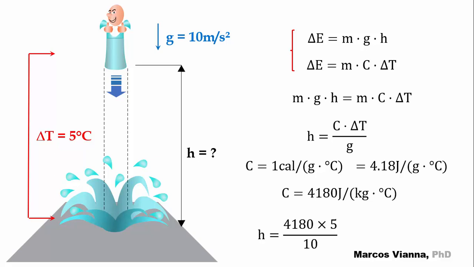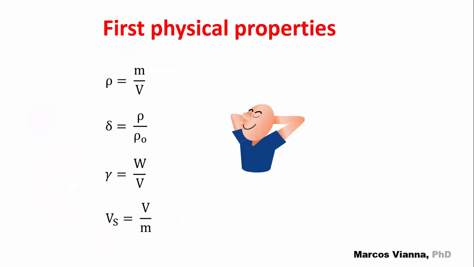So H equals 4,180 times 5 over 10, 2,090 meters. All this for 5 degrees Celsius. It's quite a height. And so we have seen the first 4 fluid physical properties.